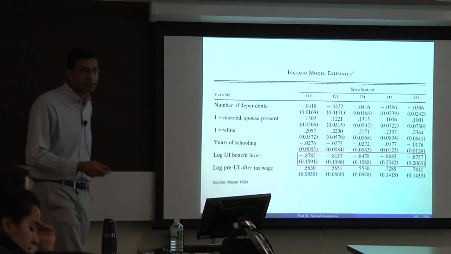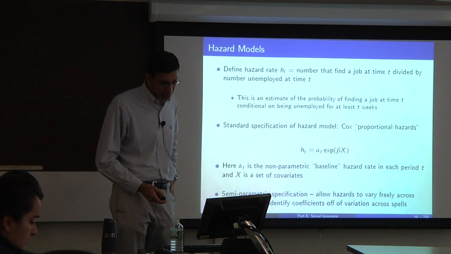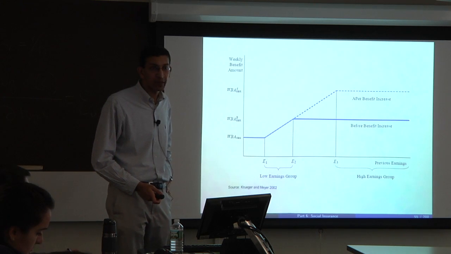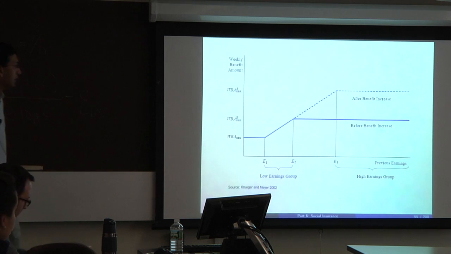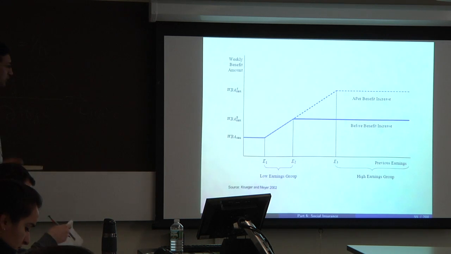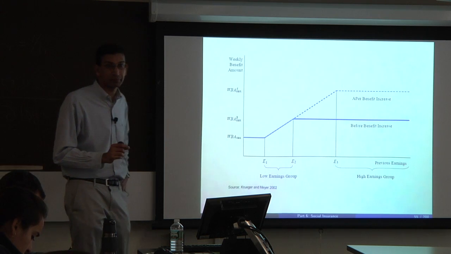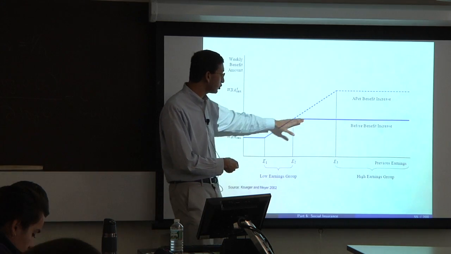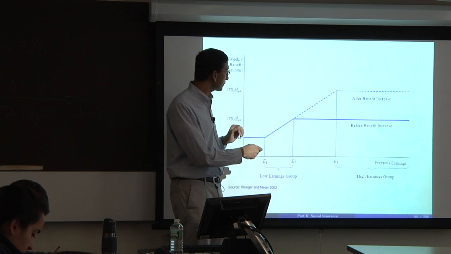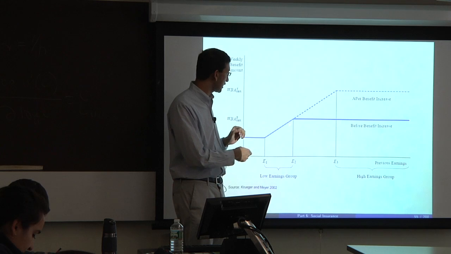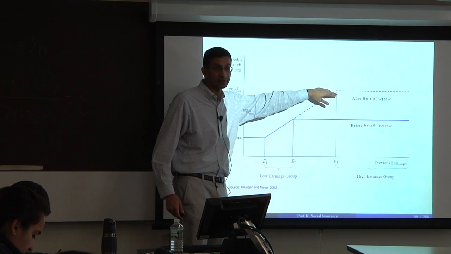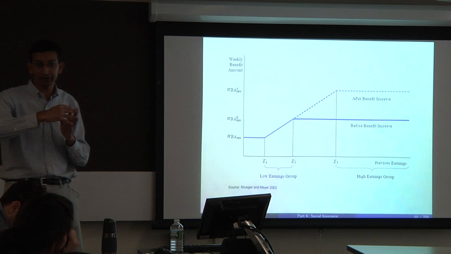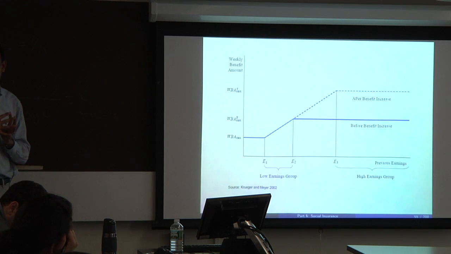Okay, so I want to mention one other thing, which unfortunately I did not put in the slides, which is another methodology that you can use to estimate duration elasticities, which I think has been done nicely in a recent paper by Camille Landais, which is to exploit the fact that, even without a reform, there are sharp kinks in the schedule, right? Like when you cross this earnings level, the slope of the relationship between benefits and earnings changes discontinuously.